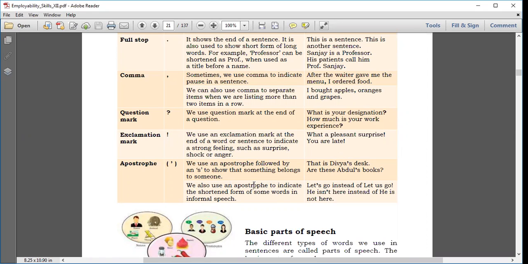And we also use apostrophe in the shortened form of certain words, right? Let's say let's go and let us go, both are the same. In short, if you want to write, we can write let's go. Isn't he? Isn't means is not, right?